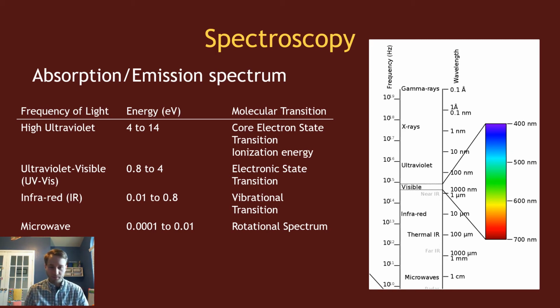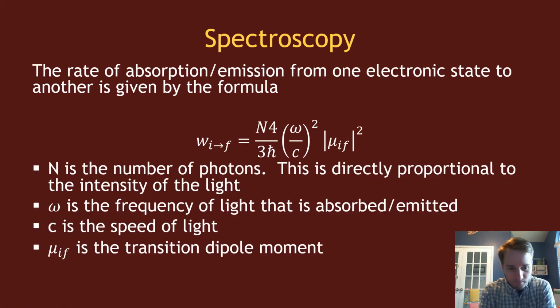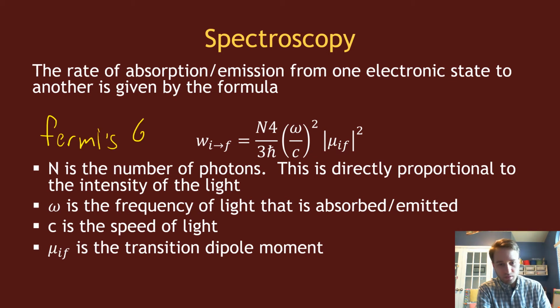Okay, so what determines whether or not something is absorbed or emitted? That rate of absorption and emission, and whether or not it occurs, is given by this formula here. This is referred to as Fermi's golden rule.